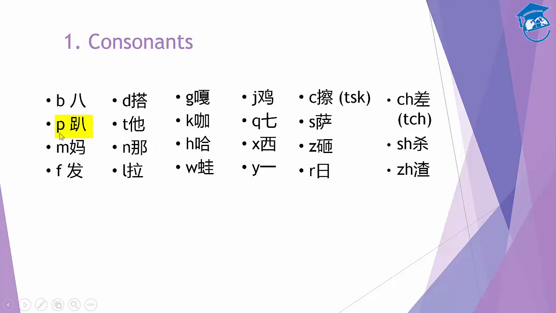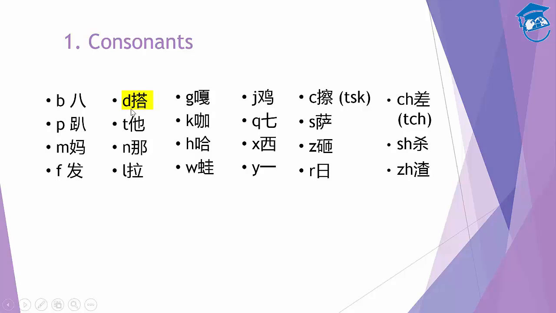This is p, and when combined with a, it sounds pa, which is what the word here sounds like. The next one is the m sound. When it's combined with a, it's ma. This one is the f sound, and this one is fa.